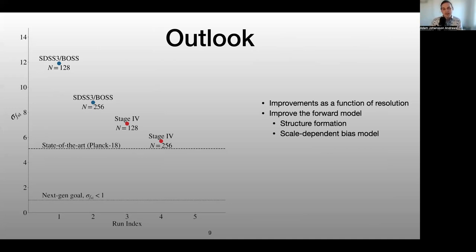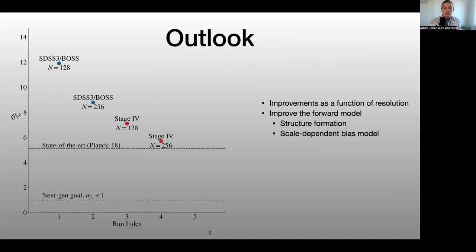We hope to make stronger constraints by using second order Lagrangian perturbation theory or an n-body solver, such as a particle mesh method. We're also looking into ways to improve the physics model, more specifically the scale-dependent bias model that we've used previously.